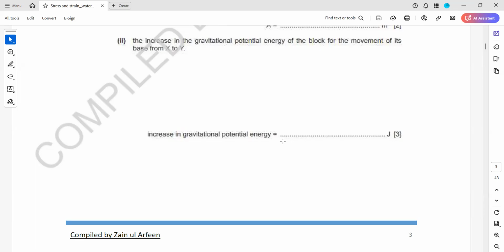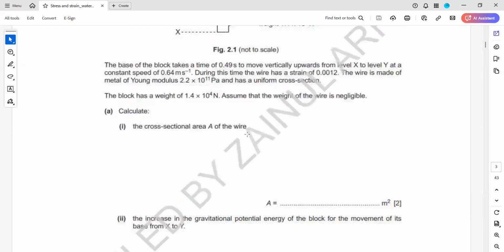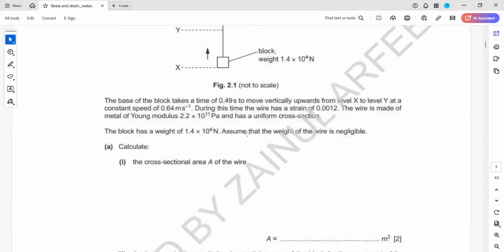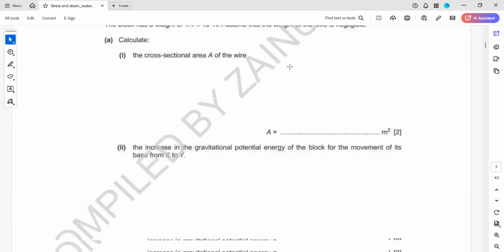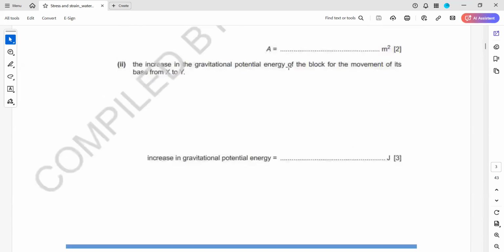Now, the increase in gravitational potential energy of the block from the movement from X to Y. So how much has the gravitational potential energy increased? It was moving at a constant speed and it took 0.49 seconds to reach from position X to position Y. If we need the increase in gravitational potential energy, it is mgh.